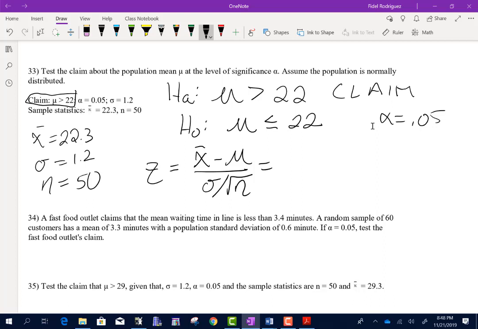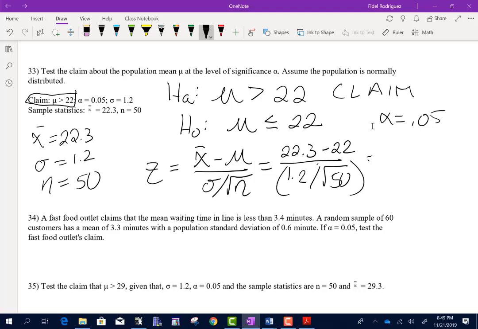22.3 minus 22, and sigma is 1.2, so 1.2 divided by the square root of 50.